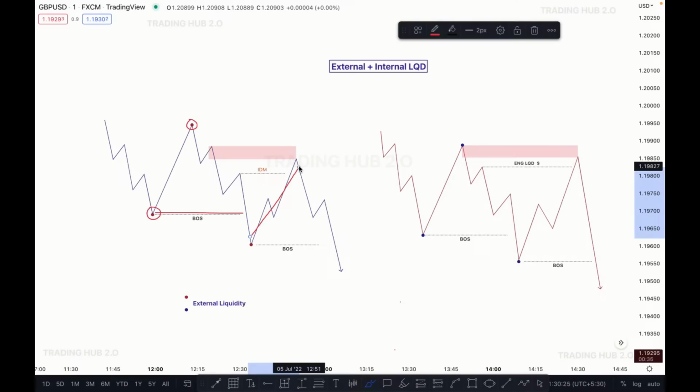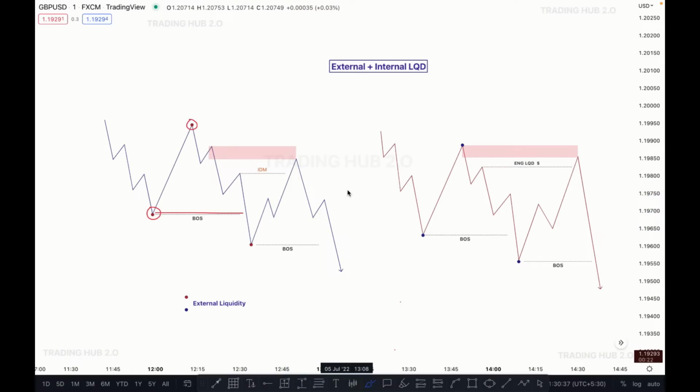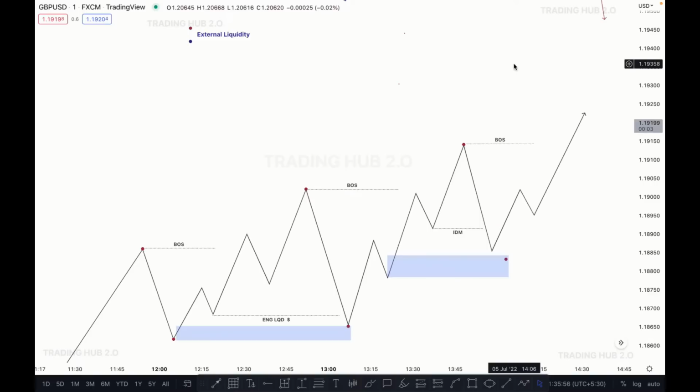External liquidity you can understand like this: a major structure high or low is external liquidity. Every major high and low is external liquidity. The same thing applies here because both charts are similar, and the same thing works in a bullish market. Let me show you. This is a bullish market. As you can see here, after taking the high, the market takes a pullback before continuing upside.